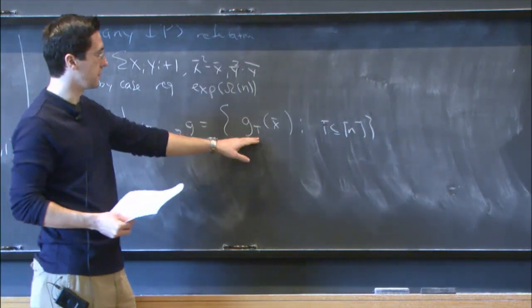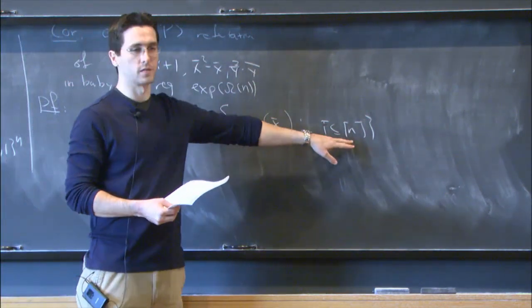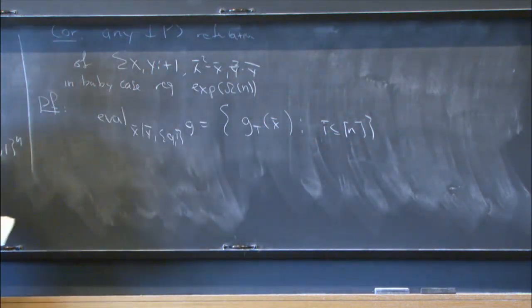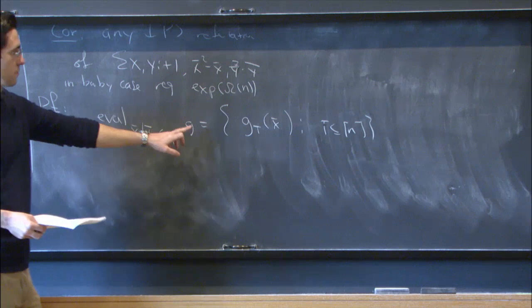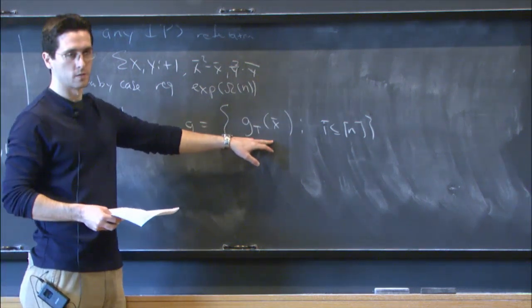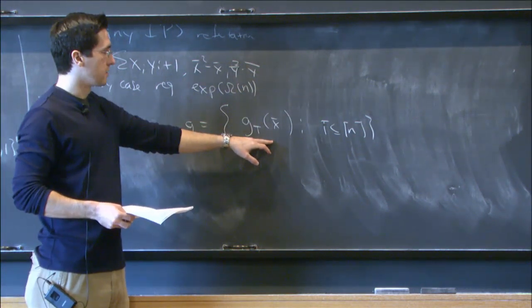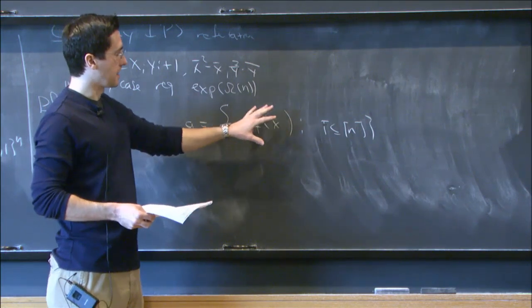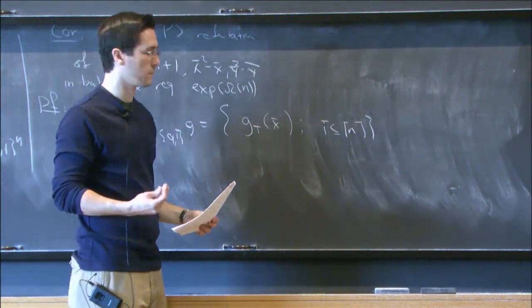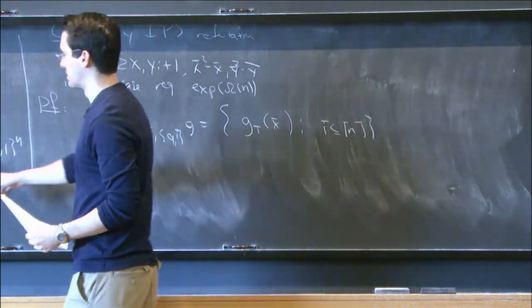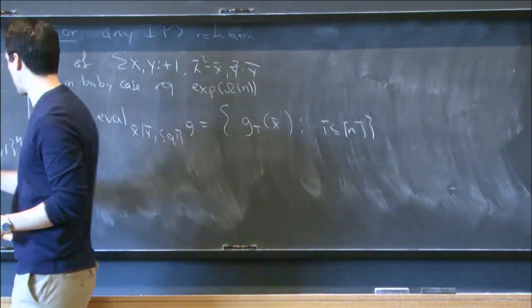I'm going to call this G sub t, and I'm going to identify t with subsets of n. I can do that because I'm evaluating y over 0, 1, so I can identify the Boolean cube with subsets. So I take G, which is a polynomial, and I get a space of polynomials. As of right now, I can't say anything necessarily about the polynomials, but I can say something about their functional behavior, because I can inherit this functional behavior from G itself.